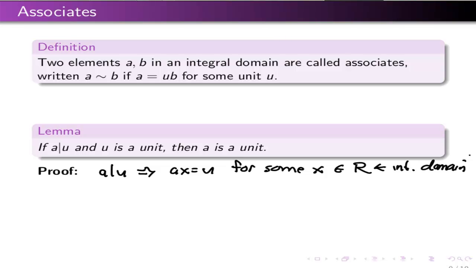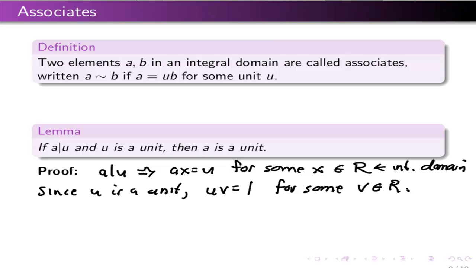Well, U is a unit, so we have some multiplicative inverse V. Now let's just take this equation right here and multiply both sides by V. So AX times V equals U times V, which equals 1.